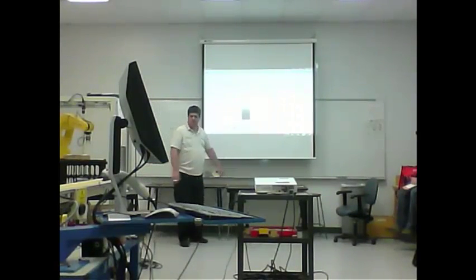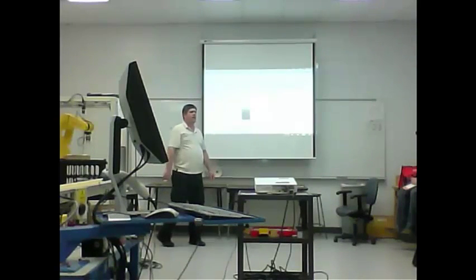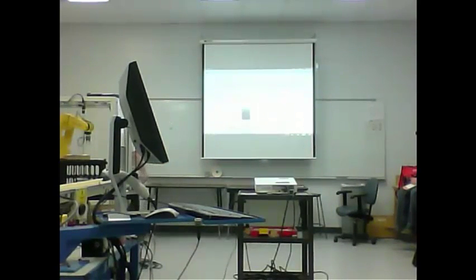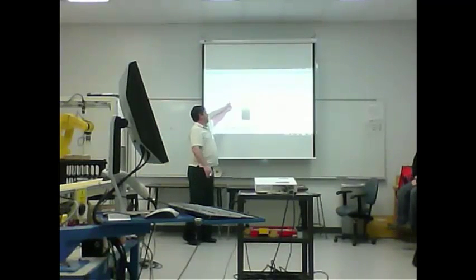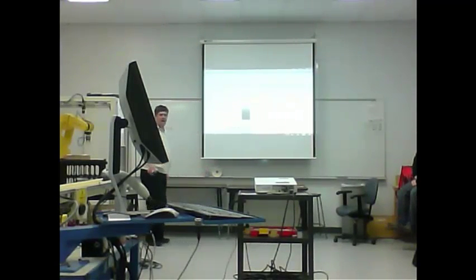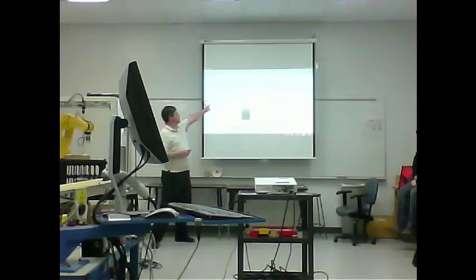So black, if I'm on a black surface, I will have 0. This would be all zeros if I took a picture of a black piece of paper. Brightest being white. If I had a picture of a white piece of paper, it would store in each one of these pixels, so 307,000 times, the value 255.